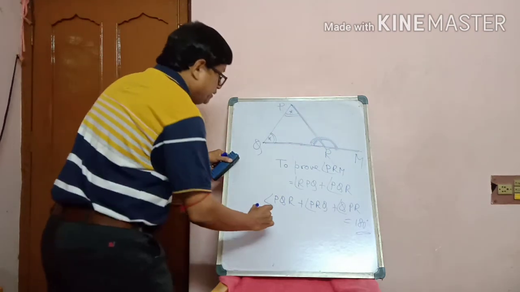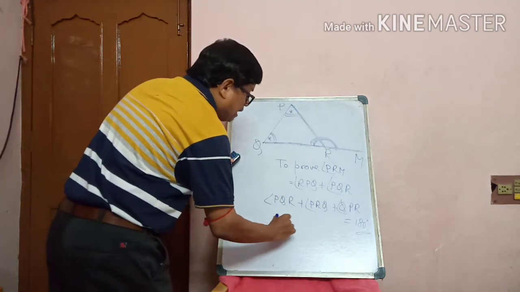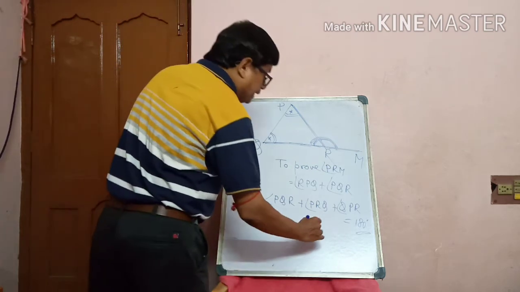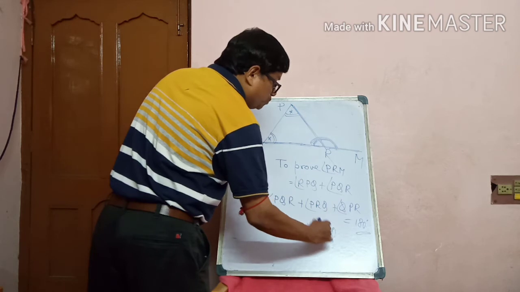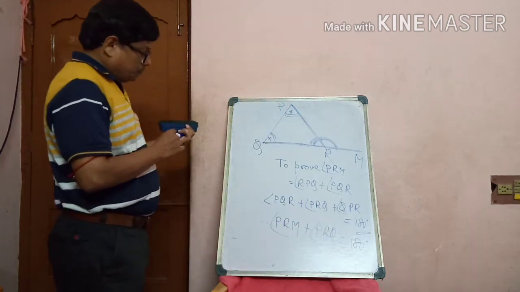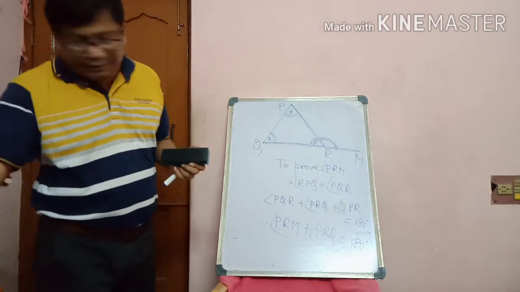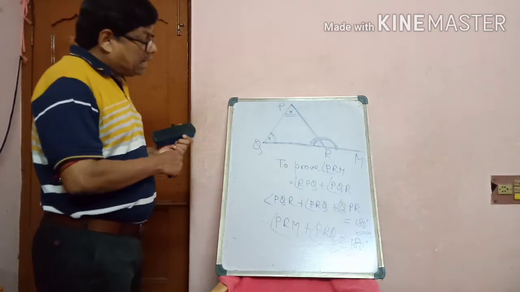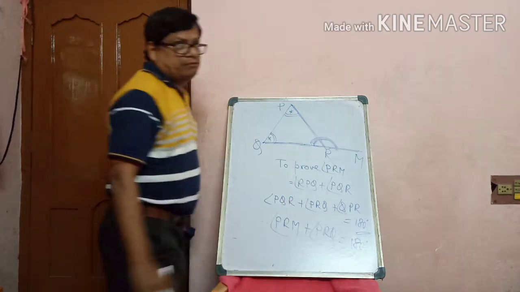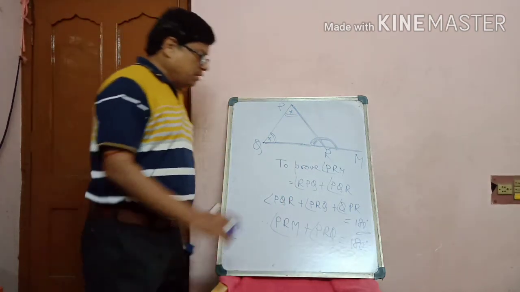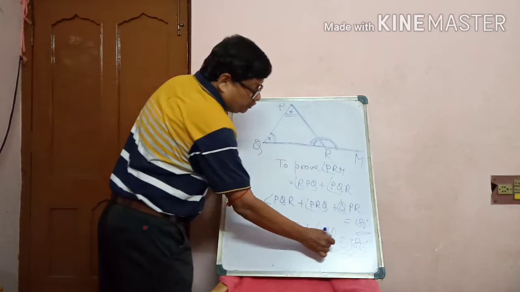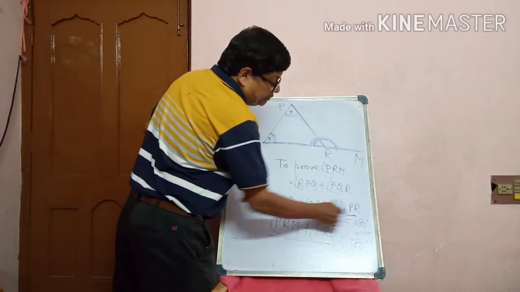So this is a straight line. Two angles are there. This is 180 degree. So write again PRM plus PRQ equal to 180 degree, right? PRM plus PRQ is 180 degree. Now we can write, these two angles equal this triangle.